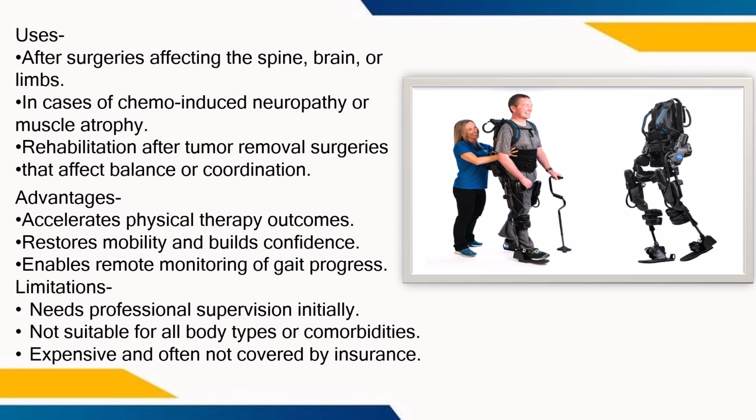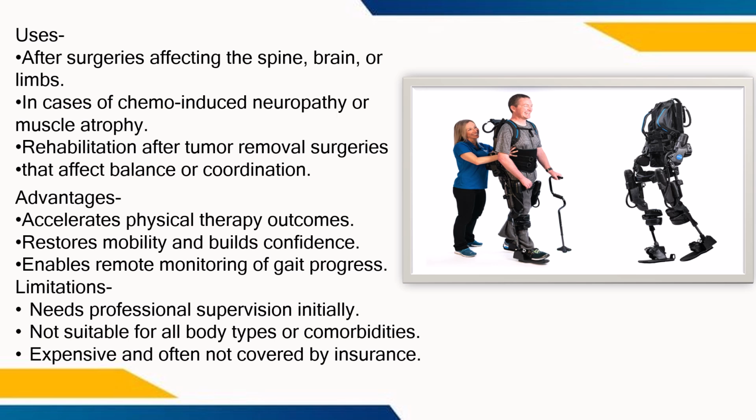So here in the image, you can see one example of how the robotic exoskeleton looks, and how the patient is going to wear it and how it is going to be used. The uses are after surgeries affecting the spine, brain, or limbs; in cases of chemo-induced neuropathy or muscle atrophy; and rehabilitation after tumor removal surgeries that affect balance or coordination.